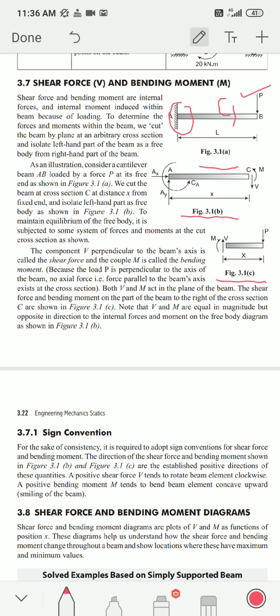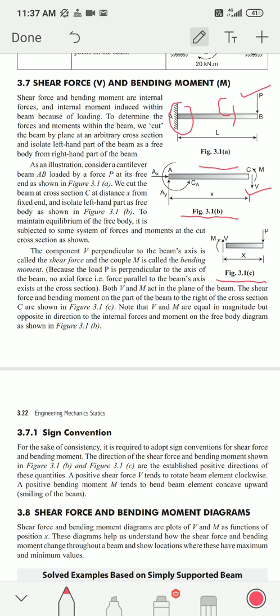Now at this cutting point C, you can see in figure 3.1b that there is one vertical force V induced, and a moment M induced. This vertical force V is known as shear force, and M is known as bending moment. The shear force and bending moment are induced at point C just to keep the left part of the beam in equilibrium.